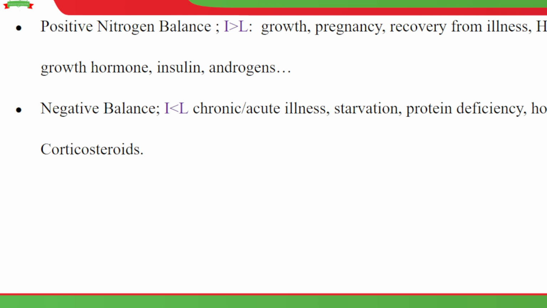Meaning you take in more nitrogen but lose little of it. This occurs in scenarios of growth, where your body is truly growing. Let's look at small children that are rapidly growing. They have a positive nitrogen balance, meaning more of the nitrogen they take into their body ends up being utilized in synthesis of proteins, and it is not excreted in urine.